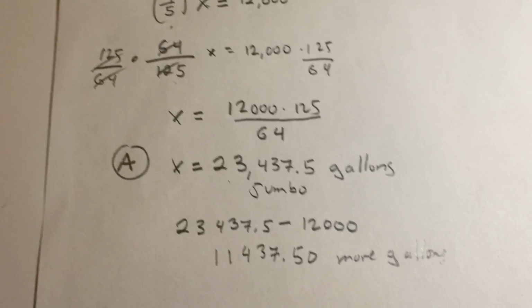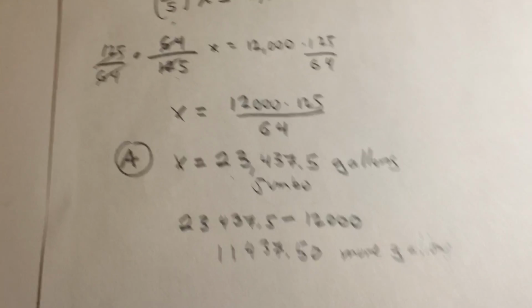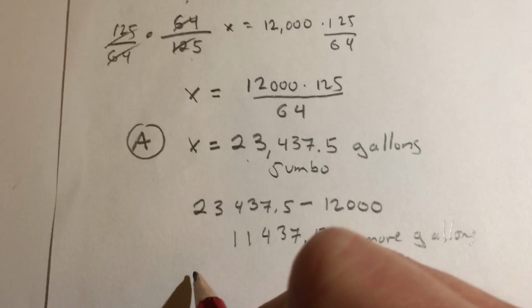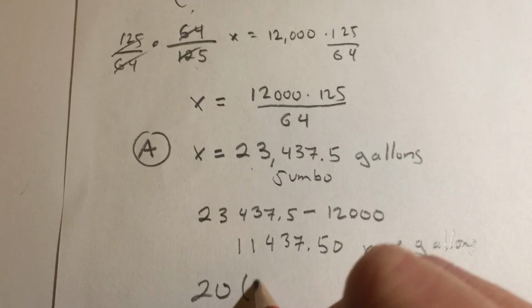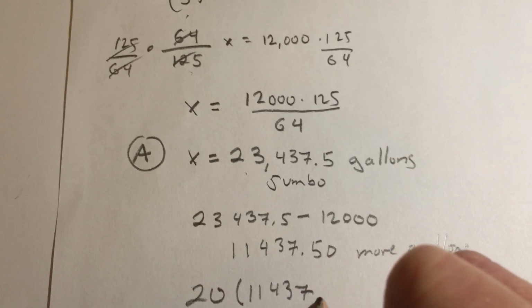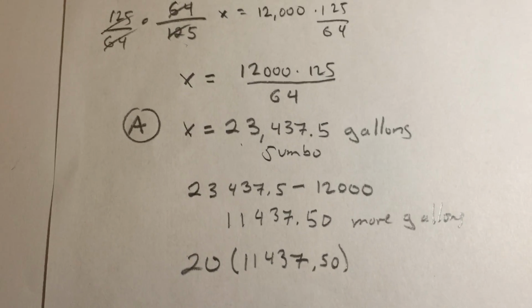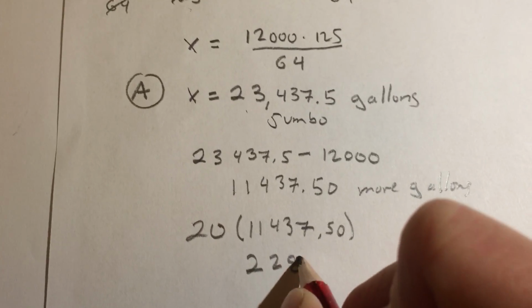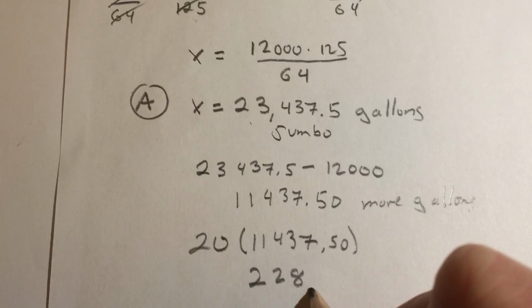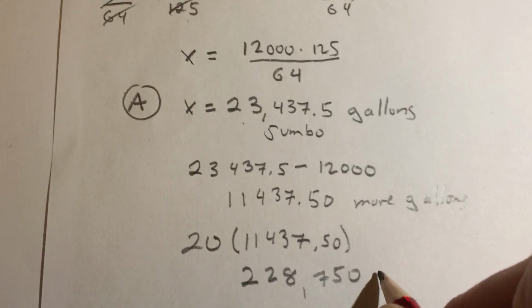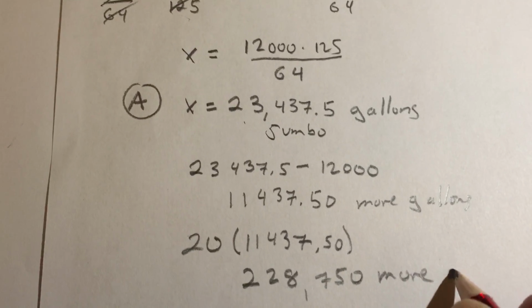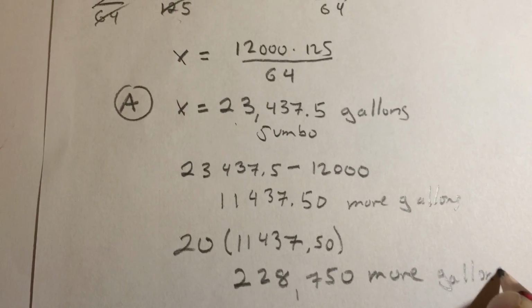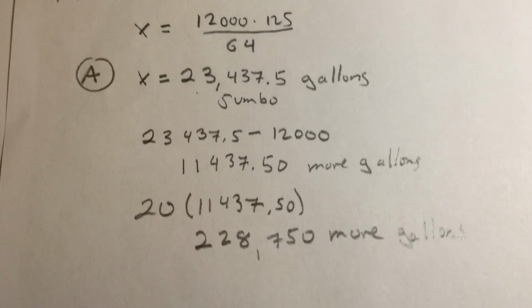That is for each one. So that means for 20 tanks, if I multiply that number by 20, I should have about 228,750 more gallons. And there's two ways that we could have found that.